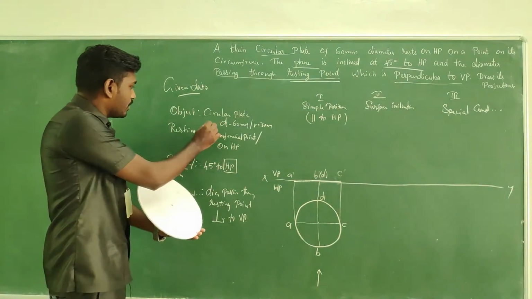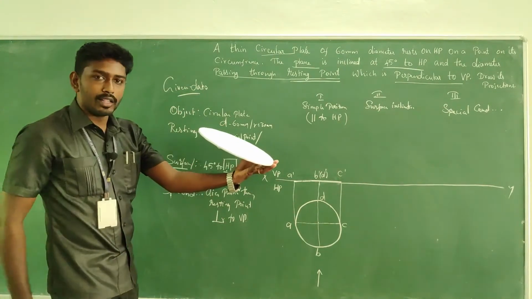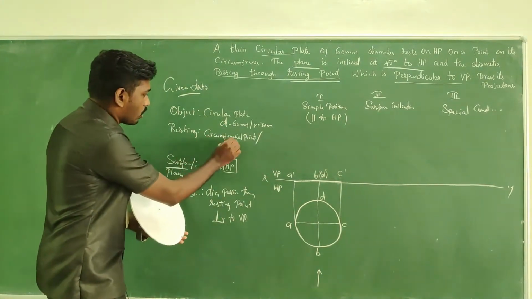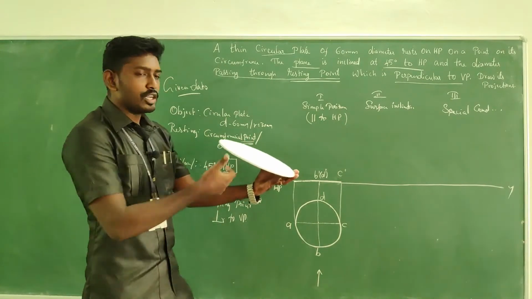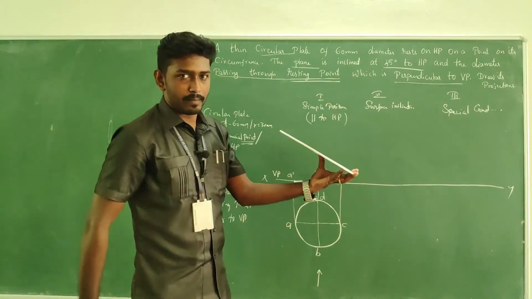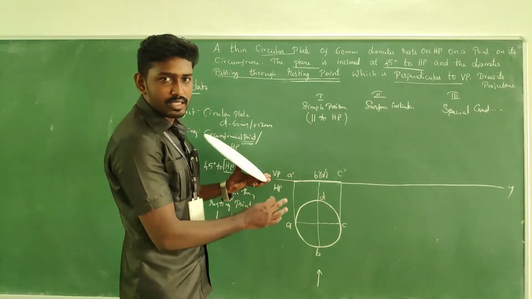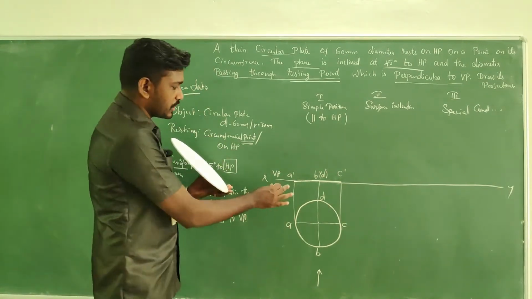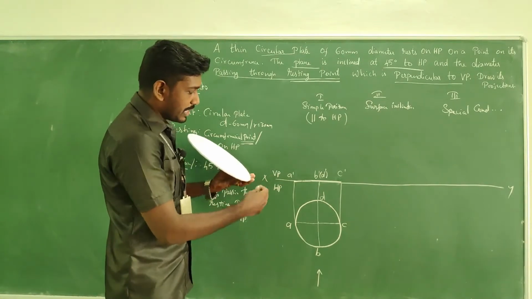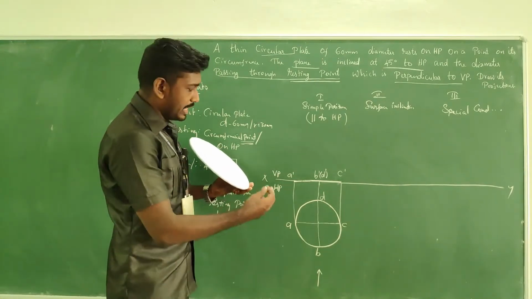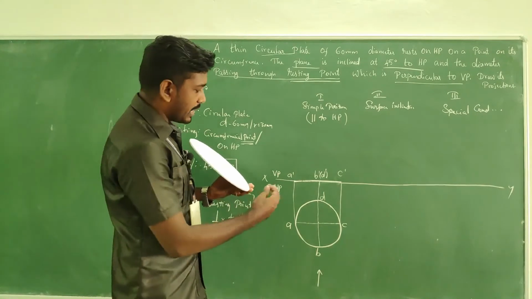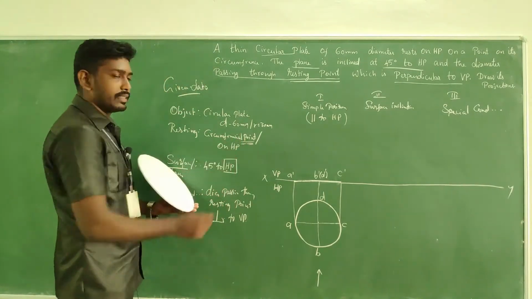So the condition is, when you are inclining the surface, one of the circumferential points should rest on HP. So here, as far as the circle is concerned, there is no side or edge. So if you position it in any position, we can get the exact things.